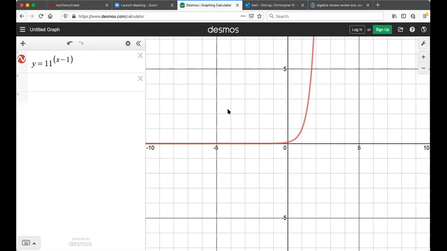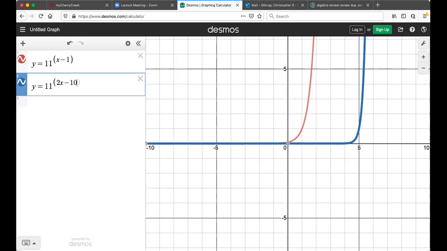And then for the other side, I'm going to have y equals 11 raised to the 2x minus 5. If I distribute that over, 2 times x minus 5 becomes 2x minus 10. Close parentheses.